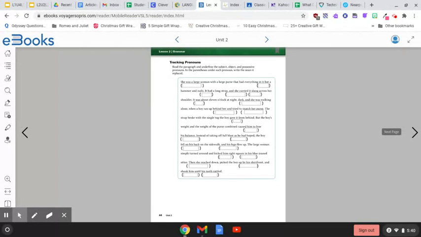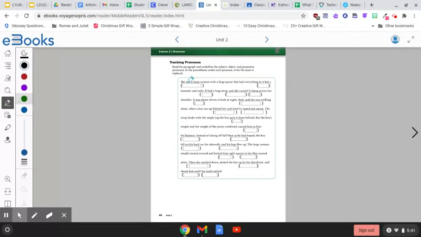She was a large woman with a large purse that had everything in it but a hammer and nails. The first pronoun is she. She is the woman. So I'm going to go ahead and underline she. So I'll write woman in parentheses.